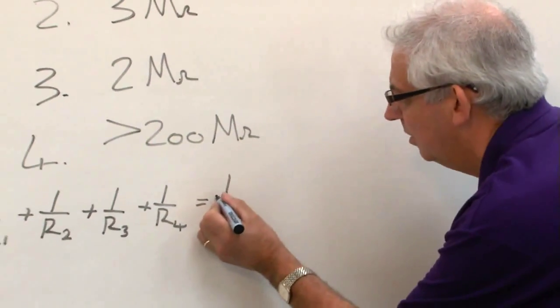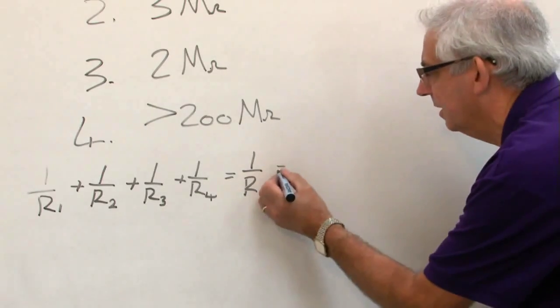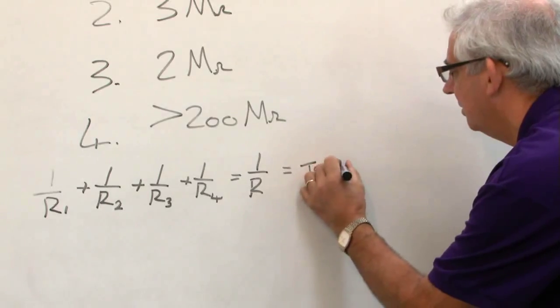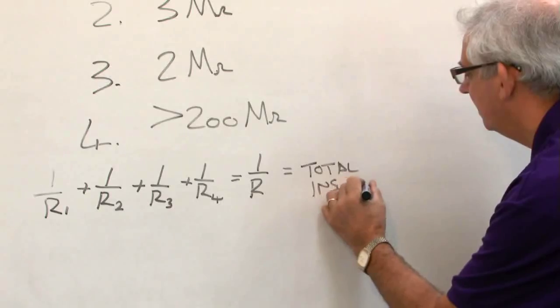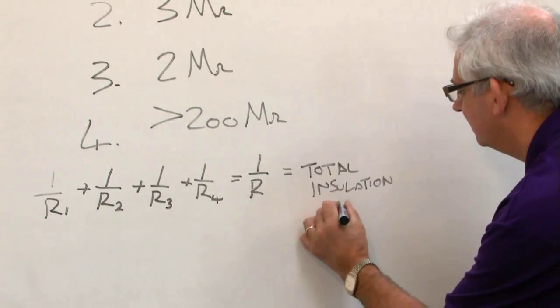Equals 1 over R, which will actually equal the total insulation resistance.